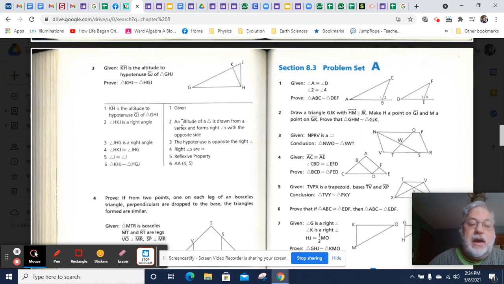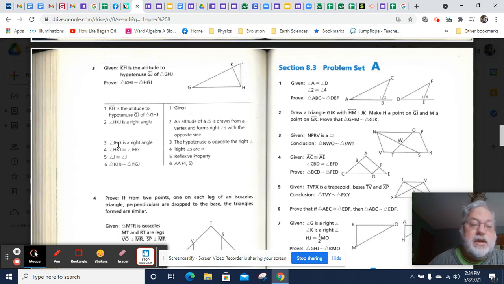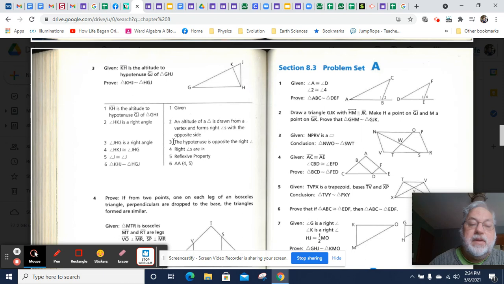So we've got the given. We've got that HKJ is a right angle because KH is an altitude, and that makes a right angle by definition. And we know that JHG is a right angle because the hypotenuse is opposite the right angle.